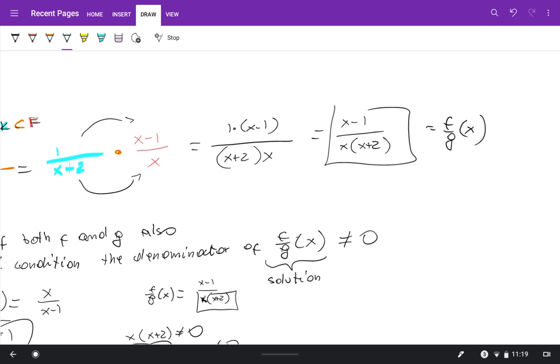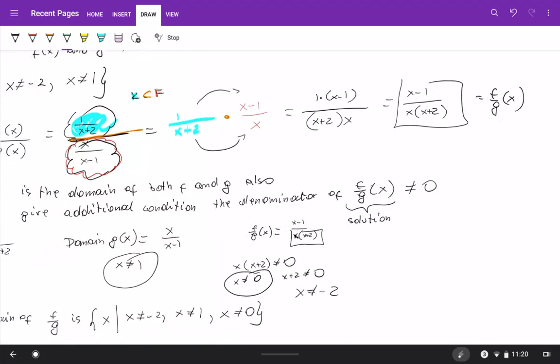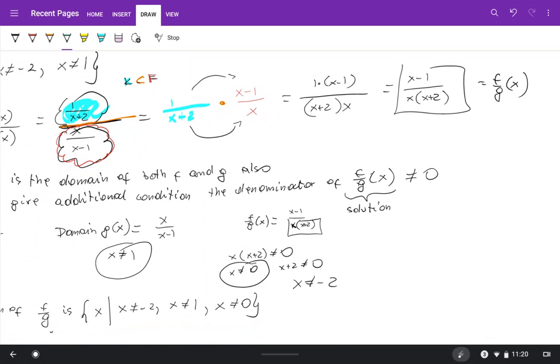The domain of the quotient is, of course, the domain of function f and the domain of function g, but also check your final answer and make sure that your denominator is never equal to 0. So here we also had to give one extra condition, that x cannot be equal to 0, and combine them together. Okay, so that's it from section 3.1.